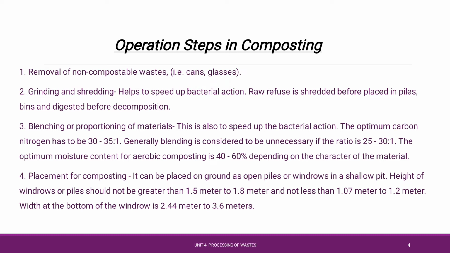Here initially the waste is placed on the ground or in windrows or in a shallow pit, and the piles are provided at a height not greater than 1.5 to 1.8 meters and not less than 1.07 to 1.7 meters, so that through this open pile the air is provided and diffuses into the solid waste for composting. After that the process of composting takes place. The width at the bottom of the windrows is about 2.44 to 3.6 meters.